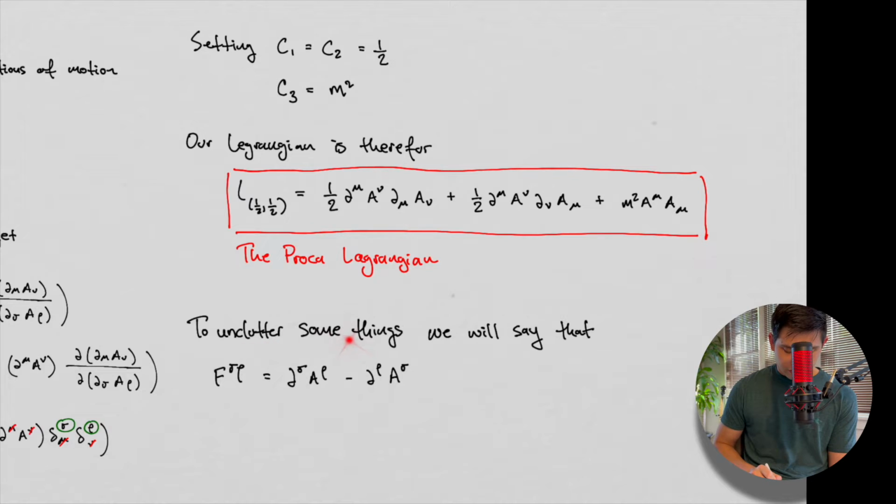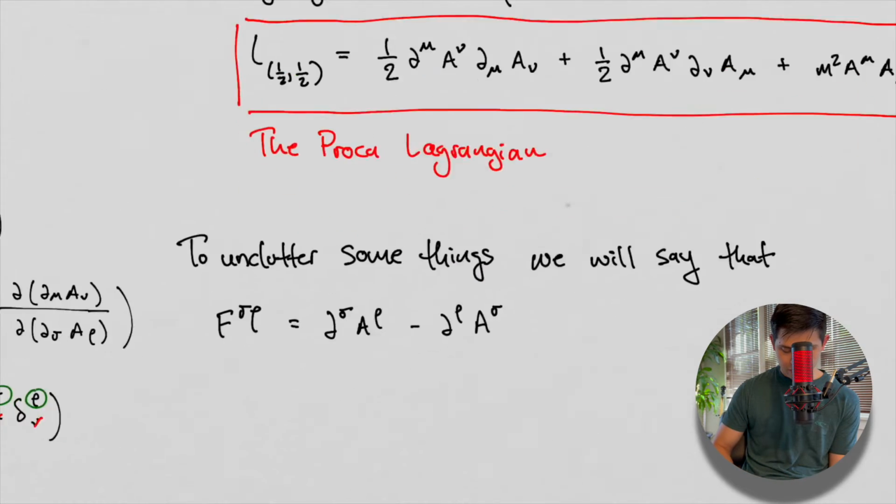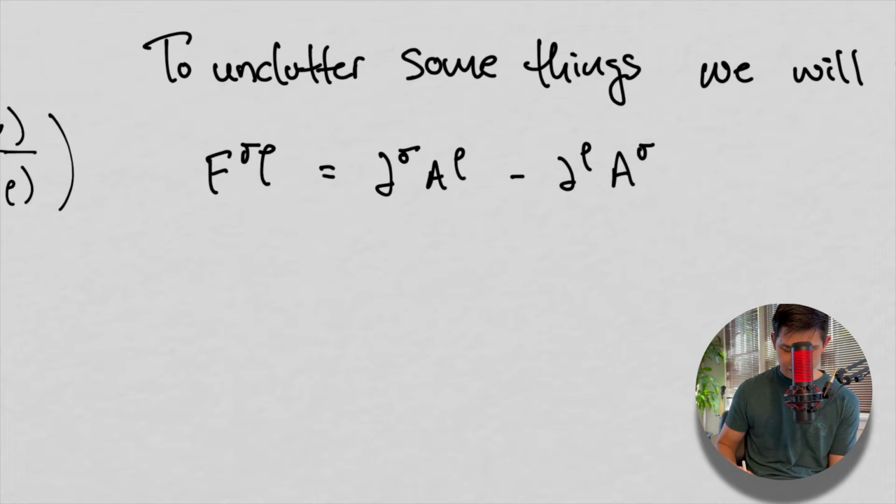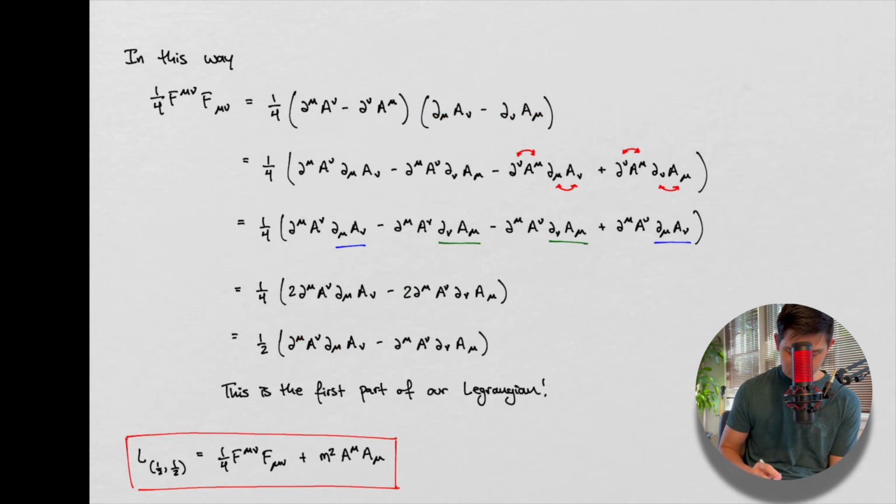Okay, so we can actually unclutter a few things, because this is kind of long, kind of bulky. We can unclutter this by defining our electromagnetic field tensor. And the way we define it is this way: F sigma rho is equal to d sigma A rho minus d rho A sigma. And in this way, then we can say we have upper indices, lower indices, lower indices. This term here then equals all of this when we multiply everything out.